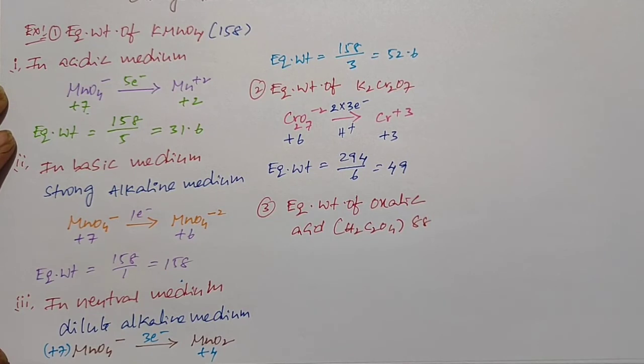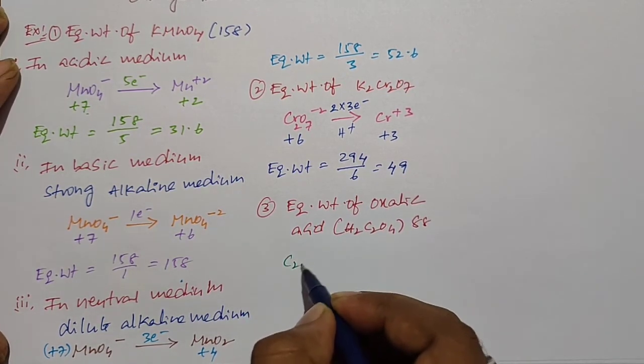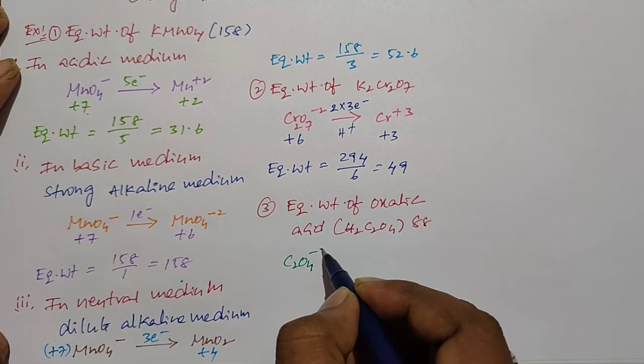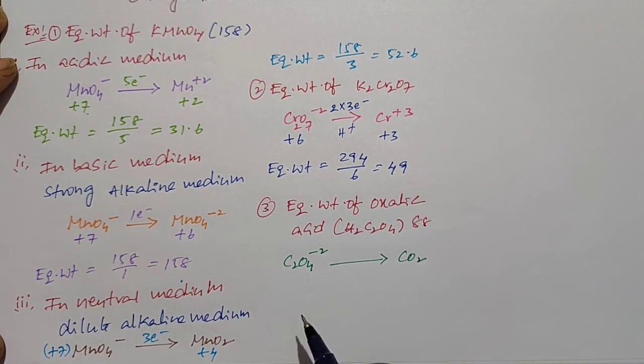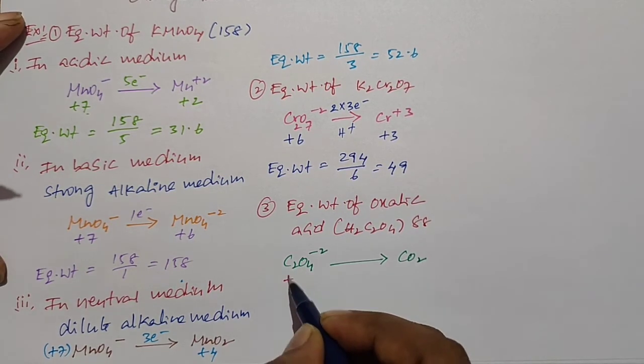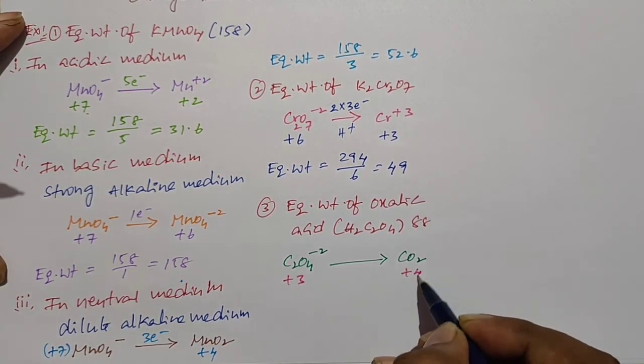When you see the reaction of oxalic acid, the oxalate ion in acidic medium, C2O4 2 minus, is converted into carbon dioxide. Here the oxidation state of carbon is +3. Here the oxidation state of carbon is +4.